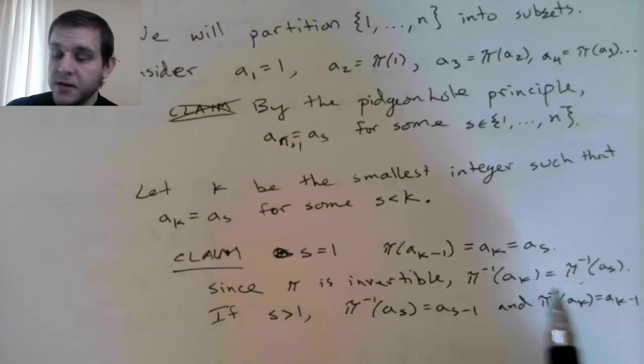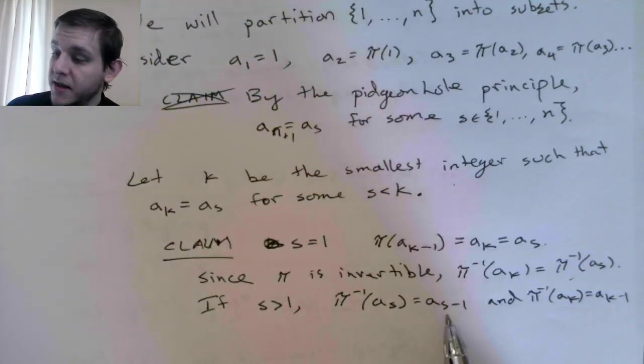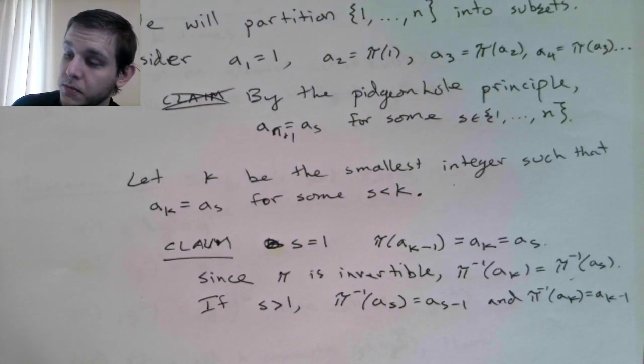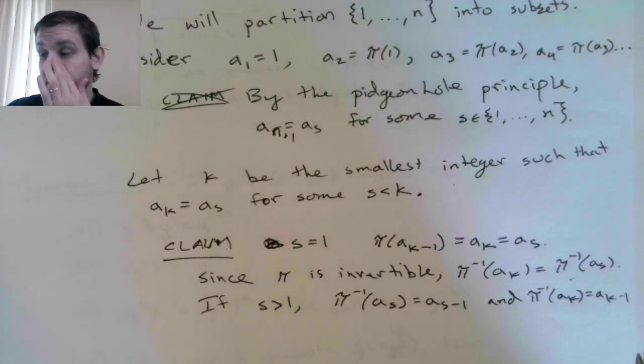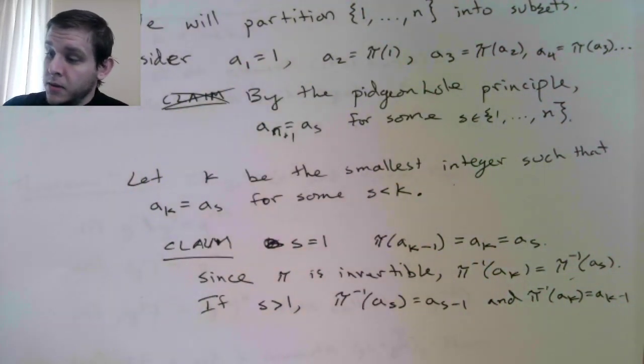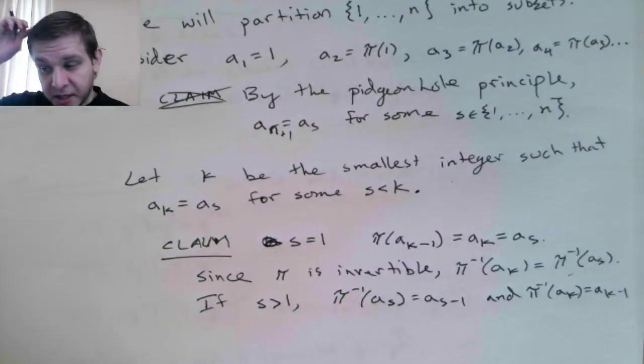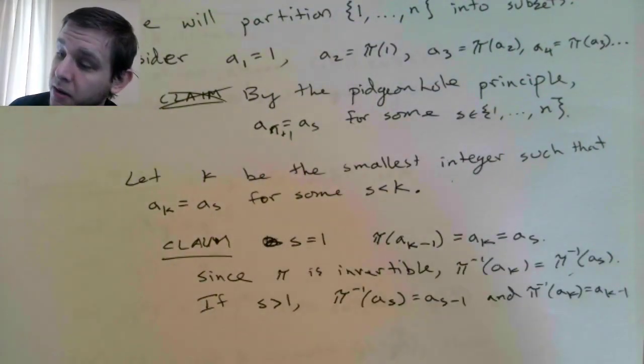And this contradicts the fact that, what does this contradict? It should contradict the minimality of k, right?